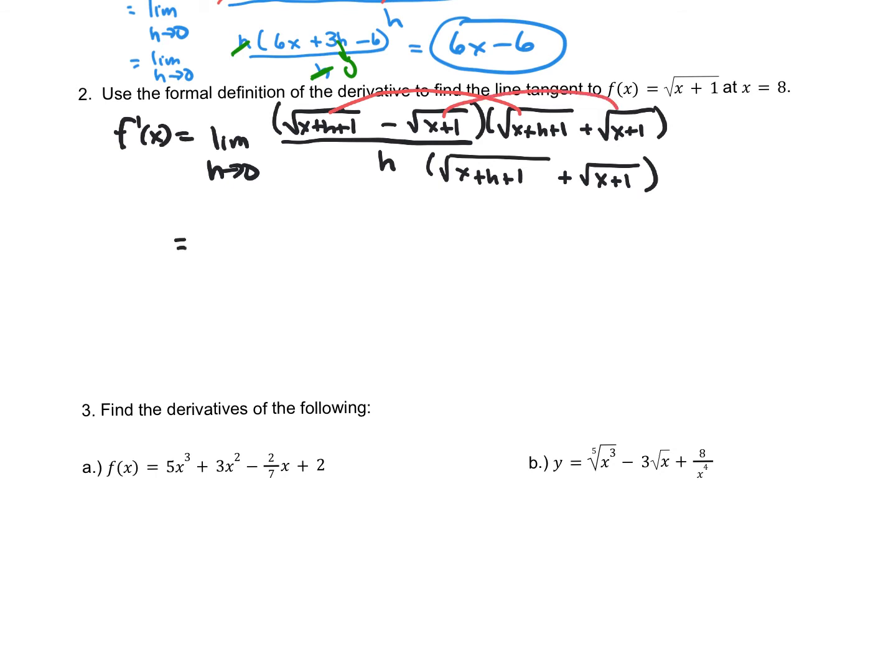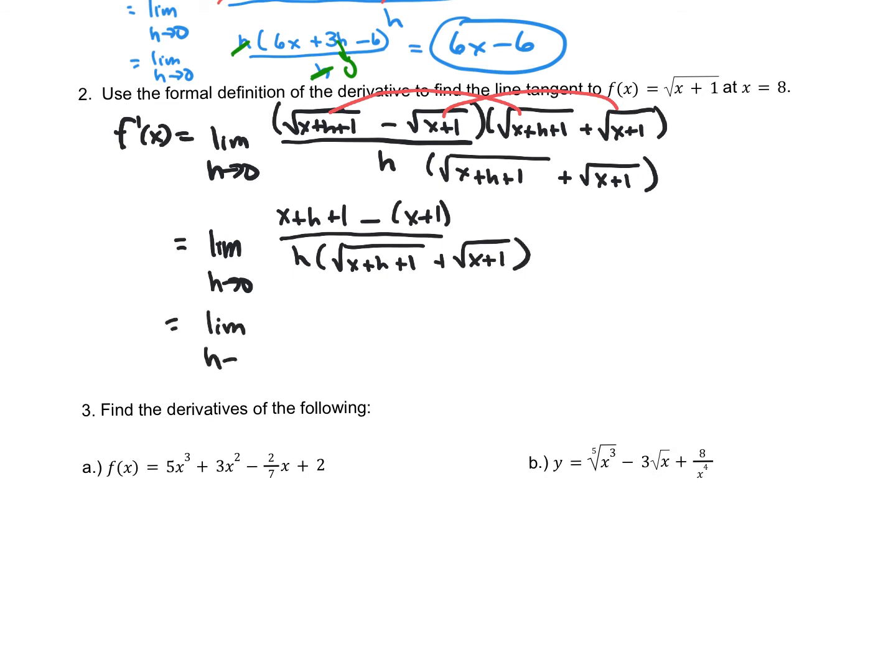They always do. So this is going to give me the limit as h goes to 0 of x plus h plus 1 minus, don't forget it's going to be minus x plus 1, because when you do the two radicals with the minus inside, it is going to carry through. And then we'll have the h on the bottom, times radical x plus h plus 1 plus radical x plus 1.